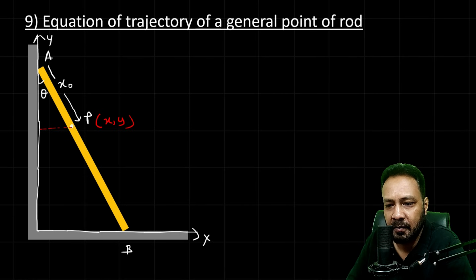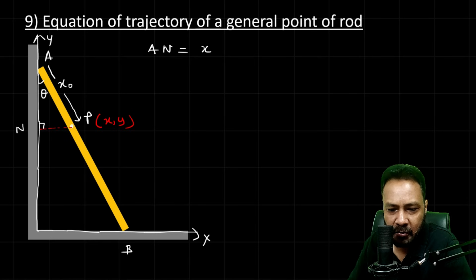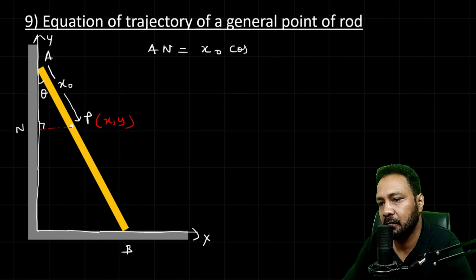So here the x coordinate, this is P, and let me write n. So an is equal to, x naught is a fixed thing, so an is equal to x naught cos theta, and np is equal to x naught sin theta.